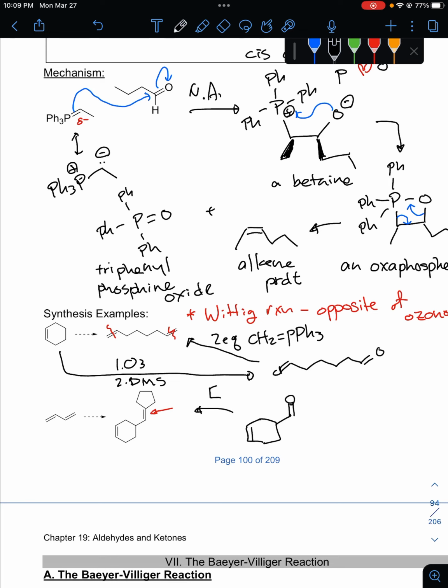And the Wittig reagent that would be necessary, sorry, that's kind of squished, would be the cyclopentyl Wittig, which can be produced from this cyclopentyl bromide and treatment with triphenylphosphine, perhaps n-butyllithium would give us that.